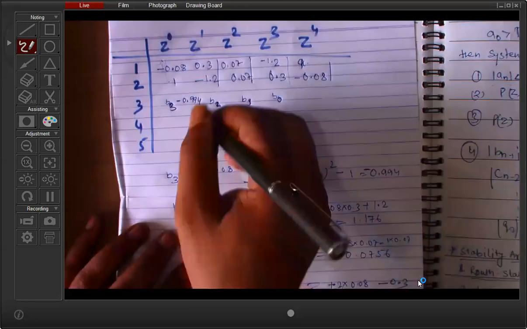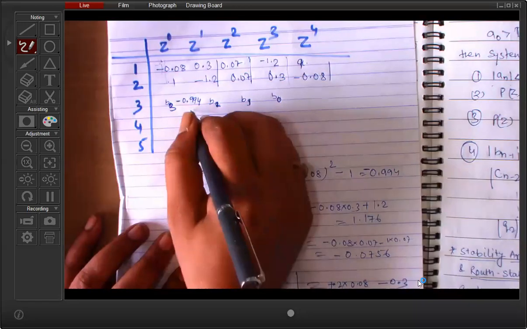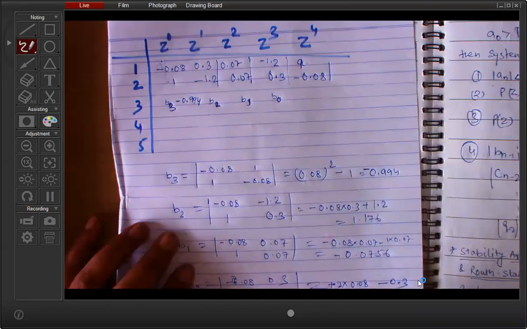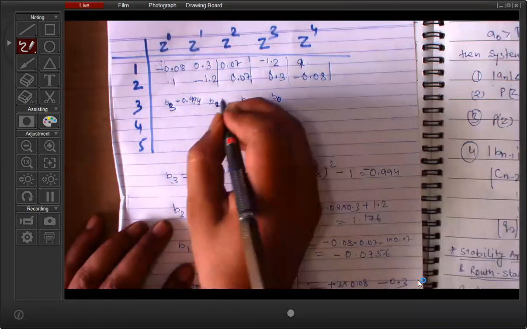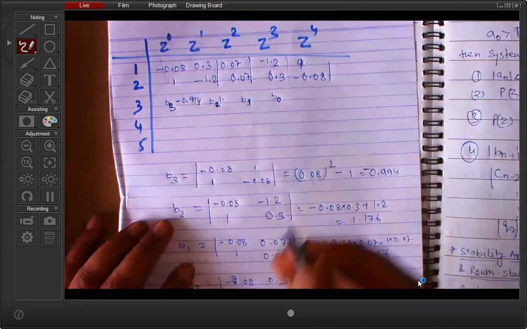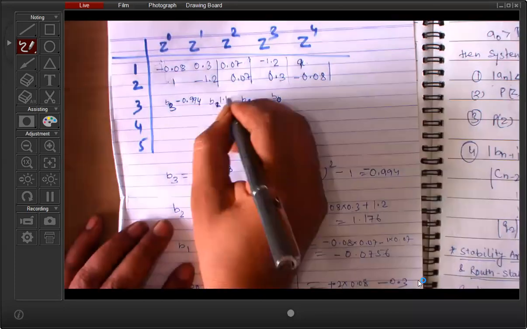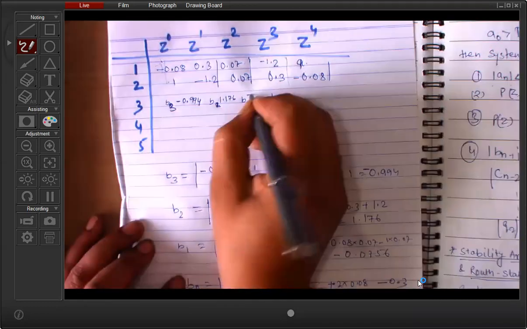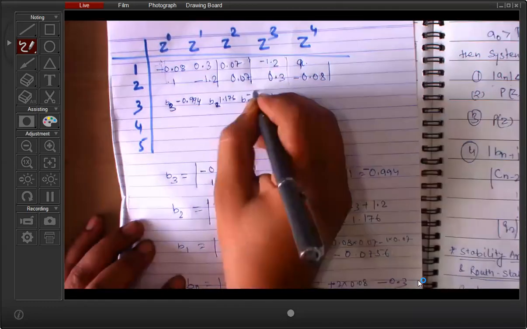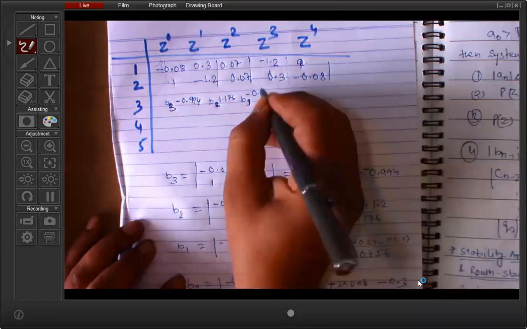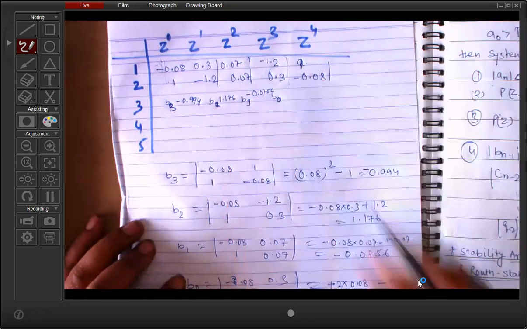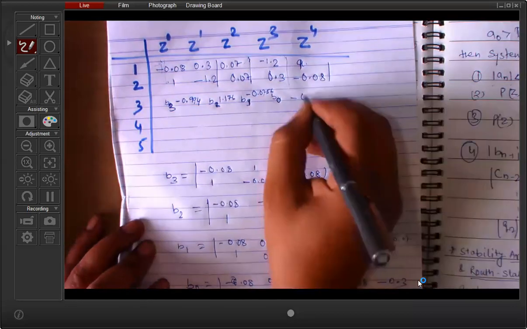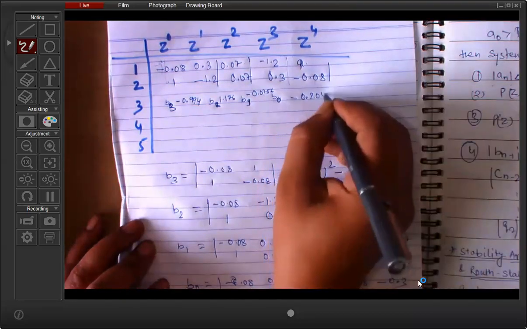So B3 is equal to minus 0.994, B2 is equal to 1.176, B1 is equal to minus 0.0756 and B naught is equal to minus 0.204.